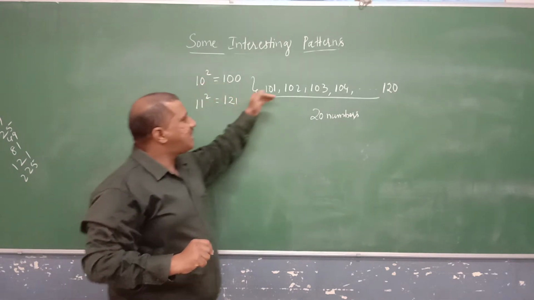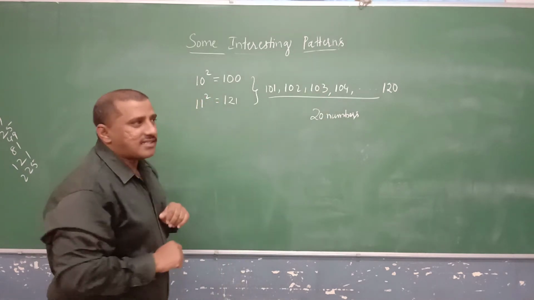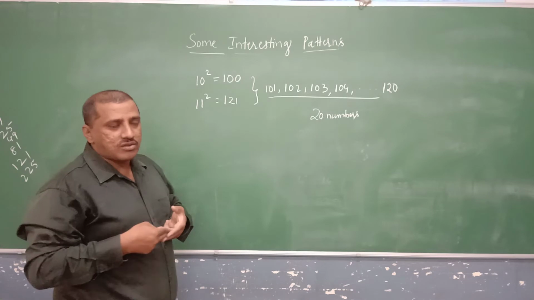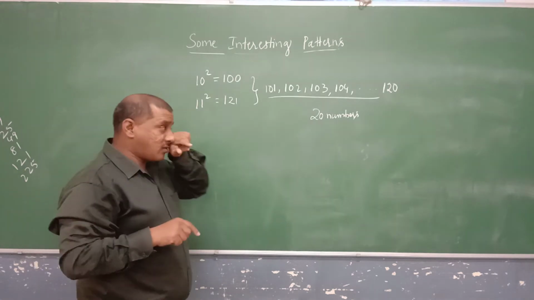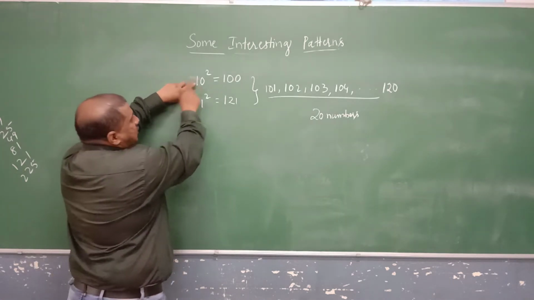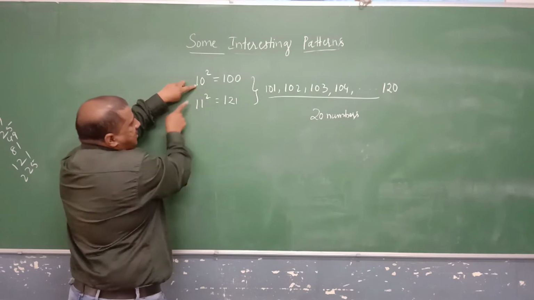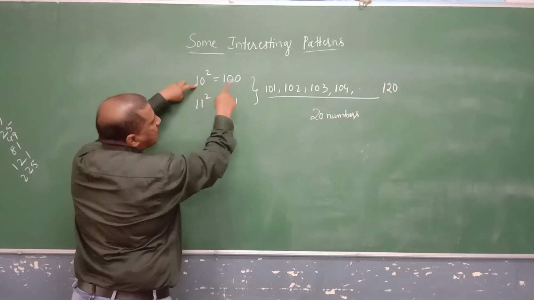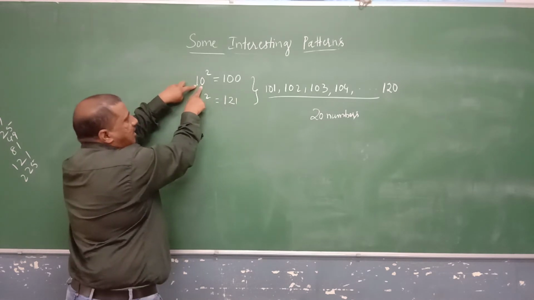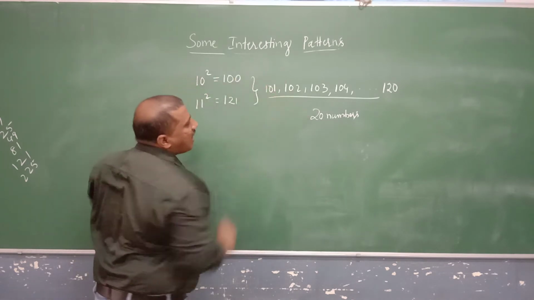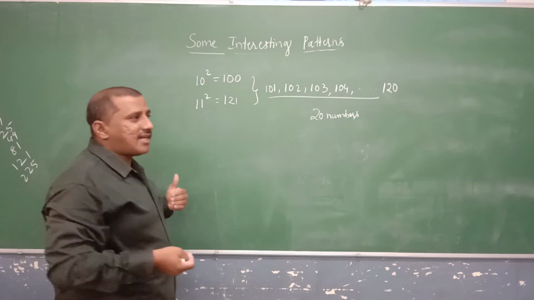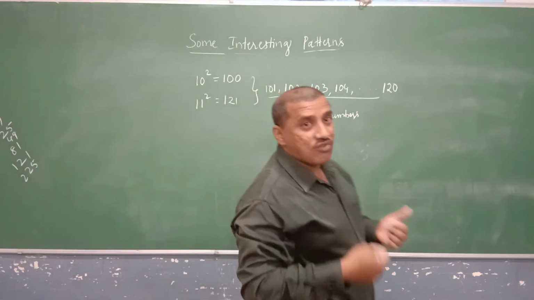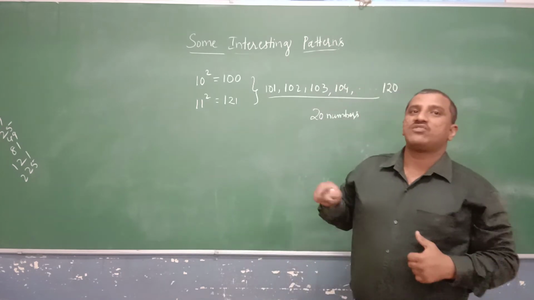So without writing these numbers, we can easily say how many non-perfect square numbers are there between two consecutive perfect square numbers, that is, squares of natural numbers. Here 10 and 11, 10 is the smaller. So 2 times the smaller number, 10 into 2, is 20. Hence 20 numbers are there. Similarly, let n and n plus 1 be two natural numbers and their squares n square and (n plus 1) whole square.